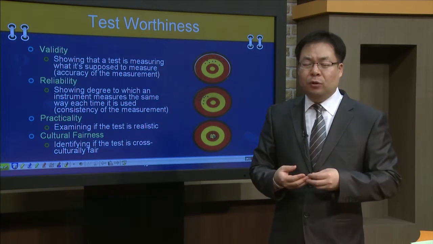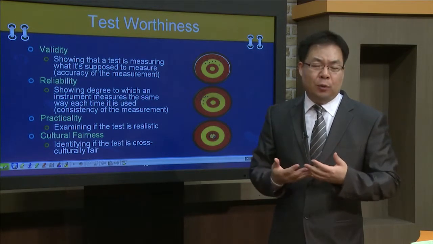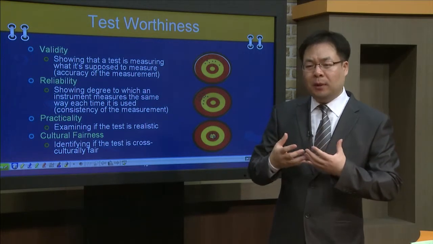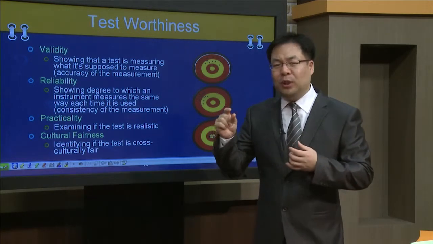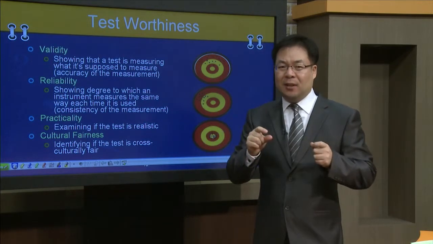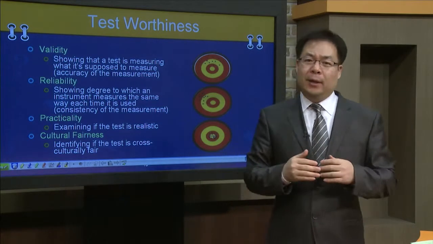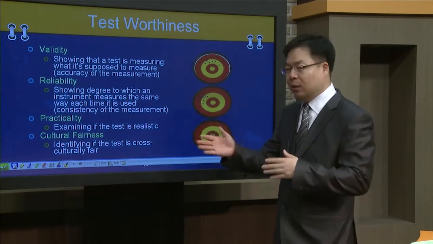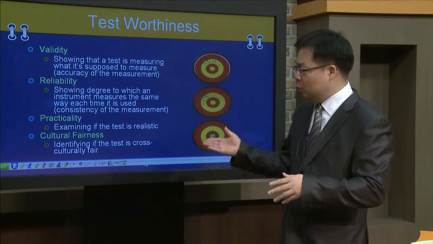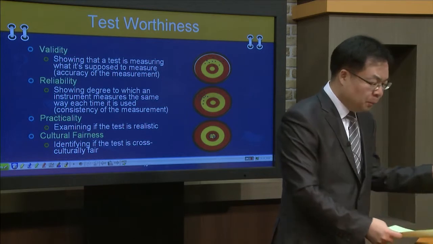But a student from another country doesn't know about American history. Even though they know their own history, the test only measures U.S. history. So in this test, the student from a different country would show low intelligence because the test is not sensitive to cultural diversity. So we also want to consider cultural fairness as well.